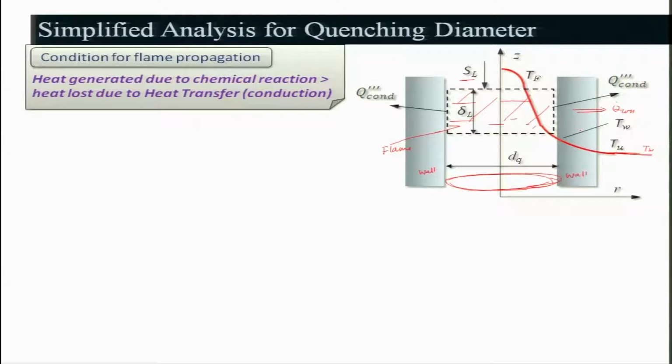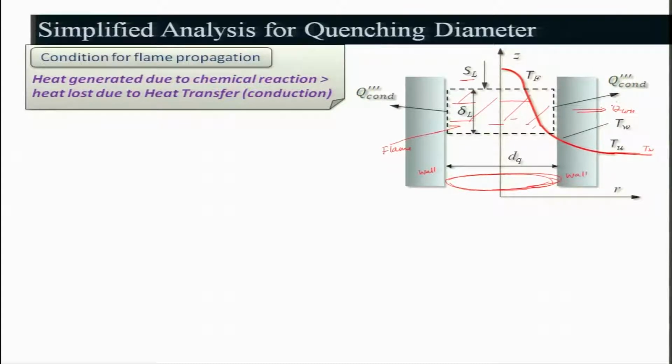Even though the flame touches there, and some radiation and convection will come, once it reaches the wall it is heat conduction only. Of course, at the outer surface there might be some radiation because the temperature is higher, but we are not considering that.